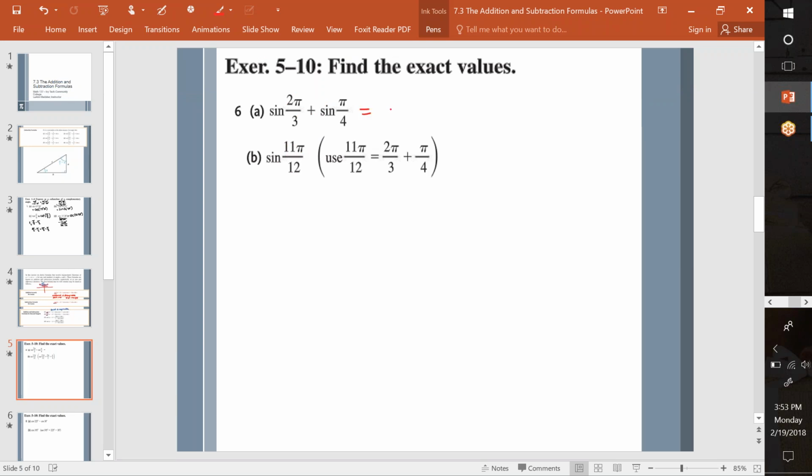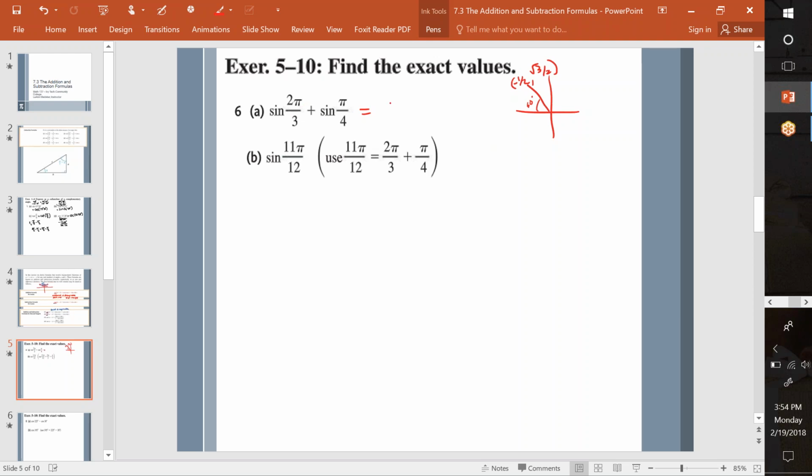So we know that sine of 2 pi over 3, remember 2 pi over 3 is over here, and that's a 60-degree angle. So in a 60-degree angle, you have 1/2 for the x and the square root of 3 over 2 for the y, and over on this side x's are negative, but we don't care about that because we're looking at the sine value, which is the y value.